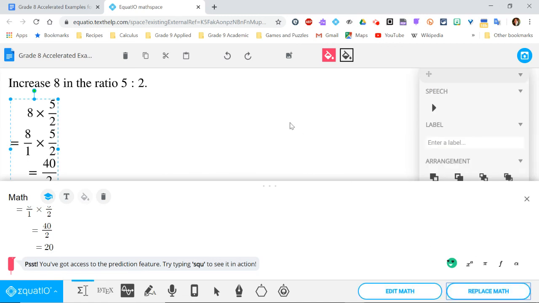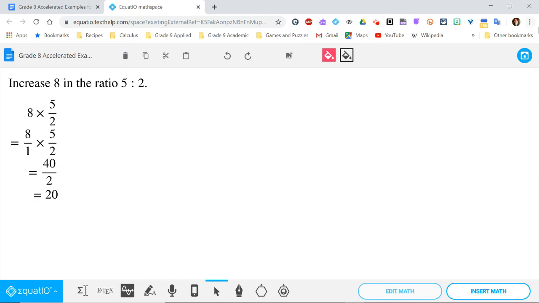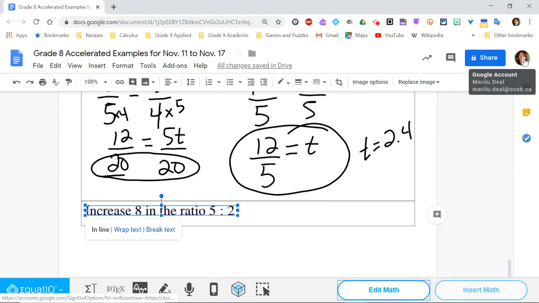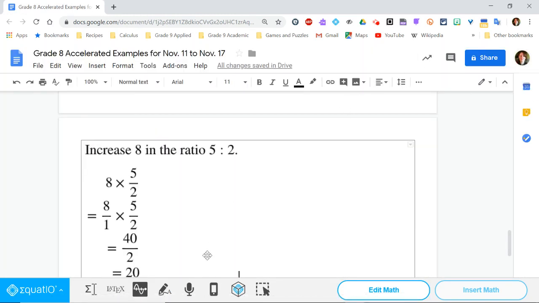Now I'm going to hit Insert Math. To close this so I can see better, I'm going to re-hit the equation editor and hit the arrow down button over here. I look at that, I have my answer, so I'm going to insert. So I have my work.